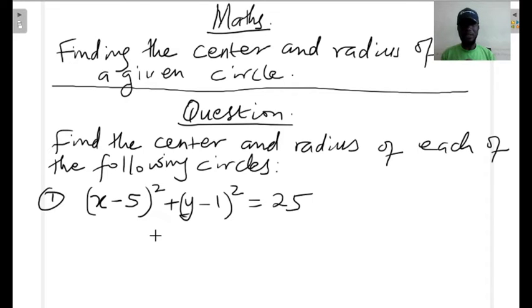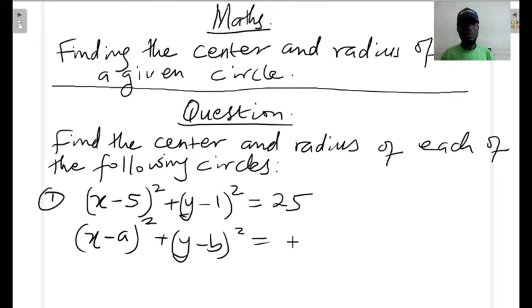This question is in the standard form of the equation of a circle. So we are going to write the standard form of the equation of a circle and compare. We are just going to compare this with x minus a all squared plus y minus b all squared equals r squared.